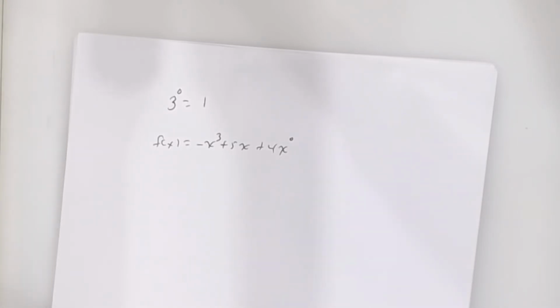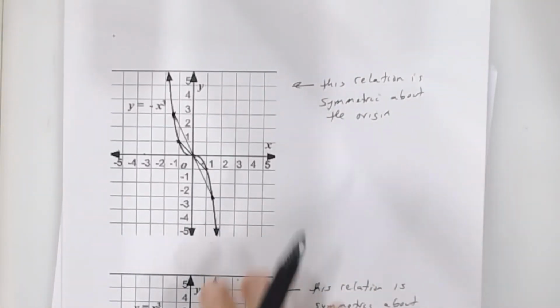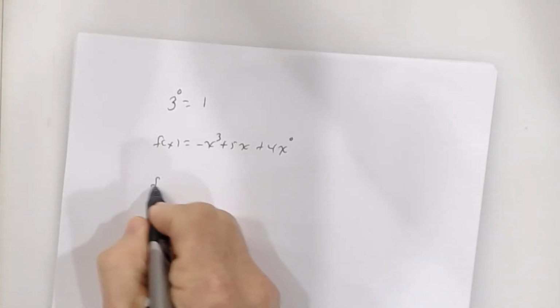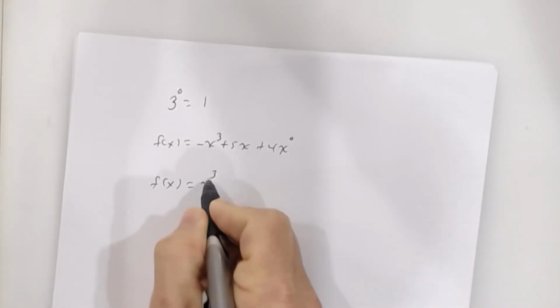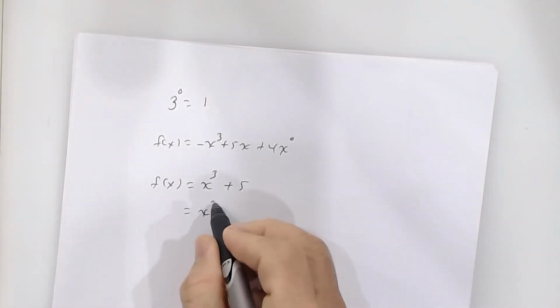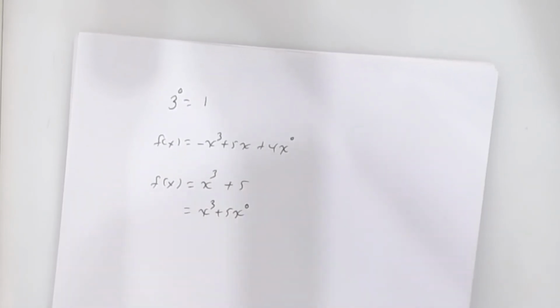The reason it was no longer odd was because when I shifted it up, let's say I shifted it up 5 units, how can you write that 5? 5x to the 0 power. Now look at the exponent of the variables. This is odd, this is what?